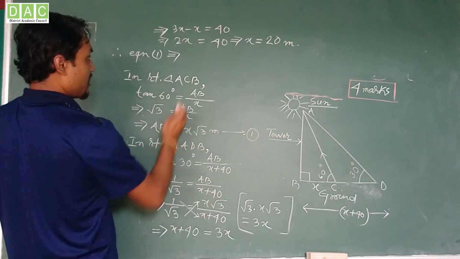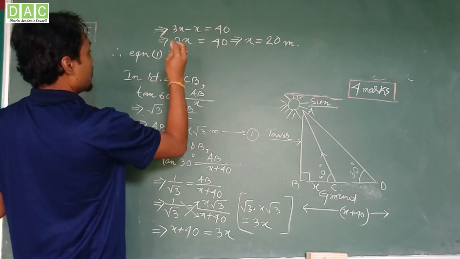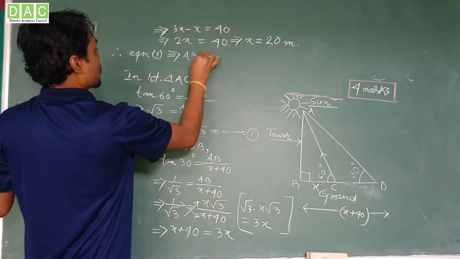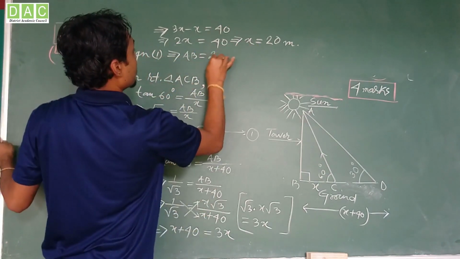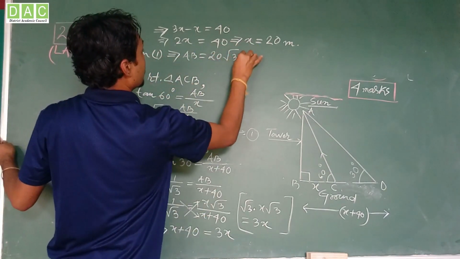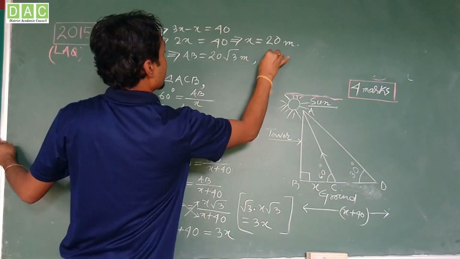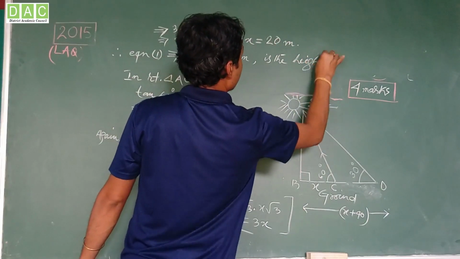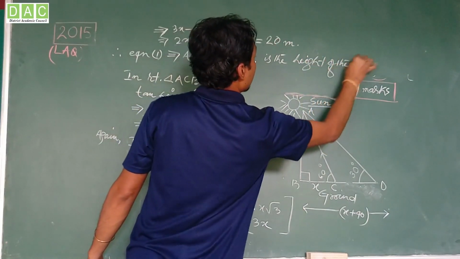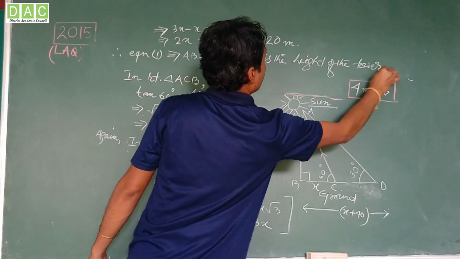Now we just substitute the value of x into this equation, then AB is equal to x root 3. The value of x is 20. So we can write 20 root 3 meter is the height of the tower.